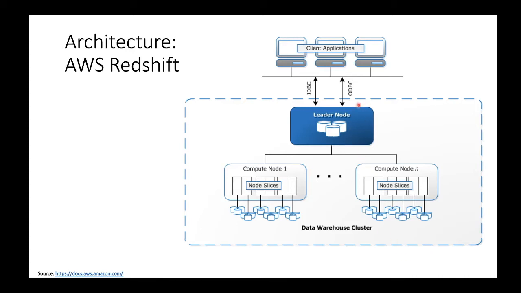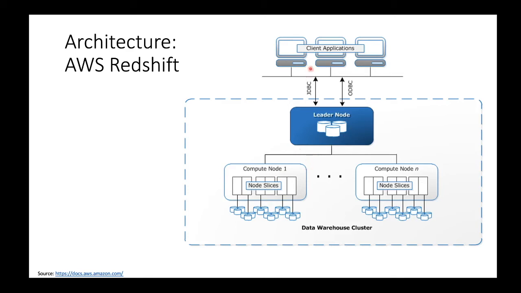You have the construct of a master node and a slave node, also referred to as a leader and compute node. The outside world basically only talks to the leader node, and the leader node coordinates with the compute nodes. So essentially the outside world does not know about the existence of, or cannot communicate directly with, the compute nodes.